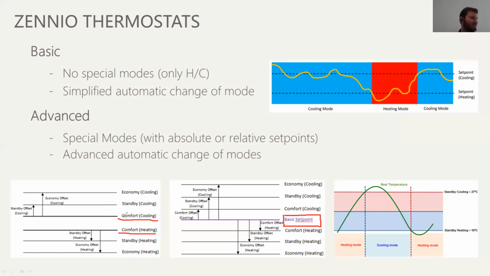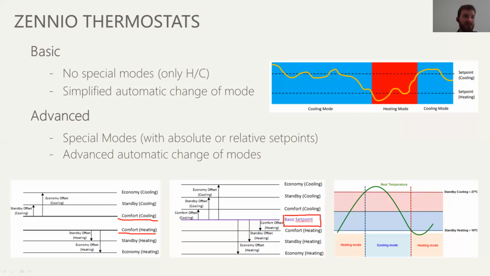So you have two basic set points, one for comfort in cooling and one for comfort in heating, with absolute set points, and one basic set point and then all the offsets from there in relative set points. And of course, the automatic change of mode will depend on the mode you actually are in.